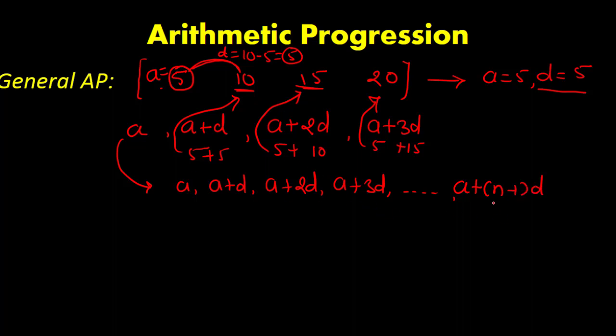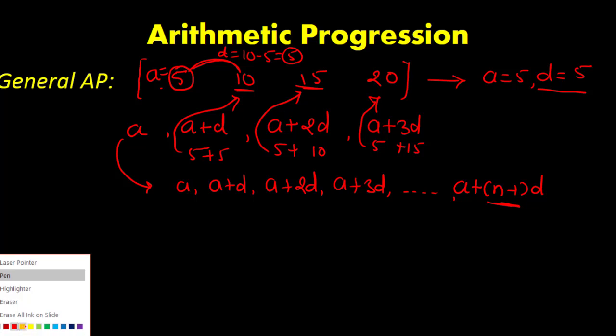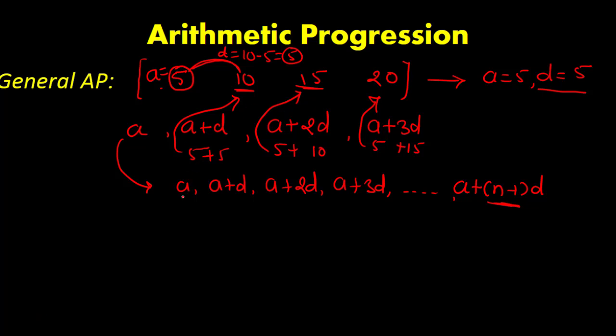So why is this n minus 1 coming here? See here, let me change the color. This is the first term, this is second, third, fourth, and this is the last term, that I will write as the nth term. See, for the first term the coefficient of D is 0, for the second term the coefficient of D is 1, for the third term the coefficient of D is 2, for the fourth term D is 3, and for the nth term, the coefficient of D will be n minus 1.